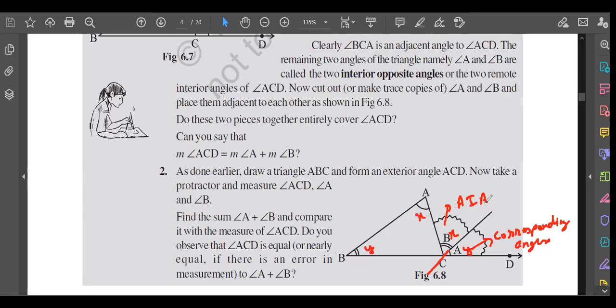So this is the property that we have already studied, that any exterior angle of a triangle is equal to the sum of opposite interior angles. Right, everyone?